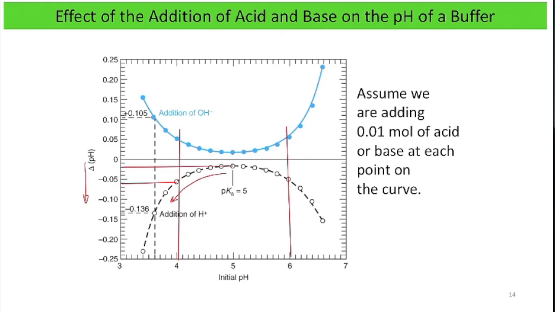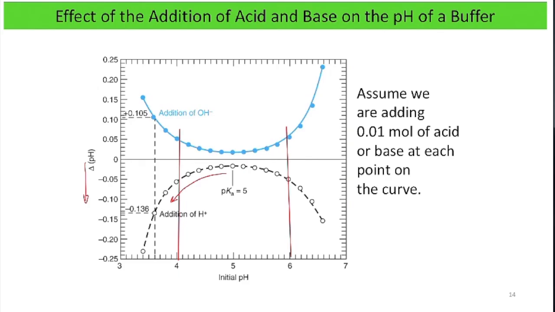If we did the same thing by increasing the pH, we would go from pH 5 to pH 6, and the change is again about the same, approximately a 0.05 difference in the pH from the initial pH of 5 to a pH of 6.